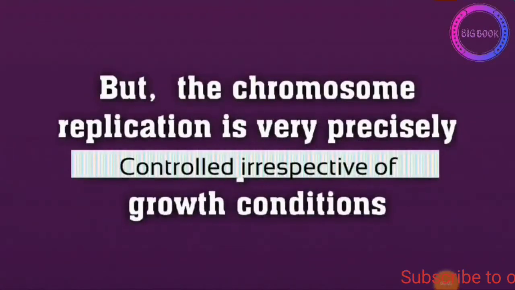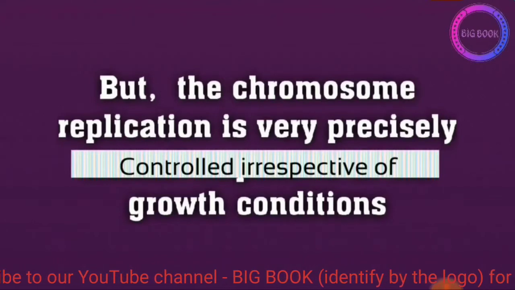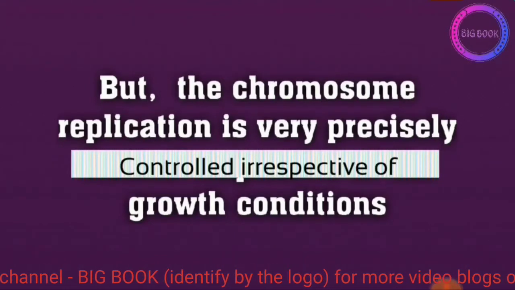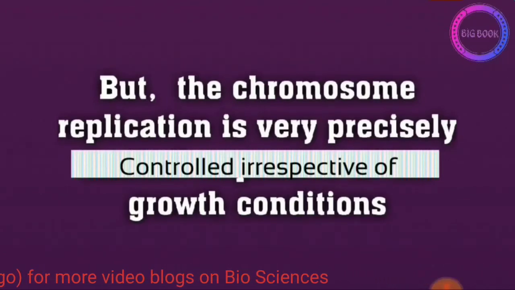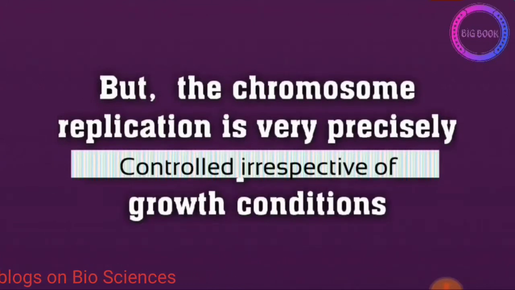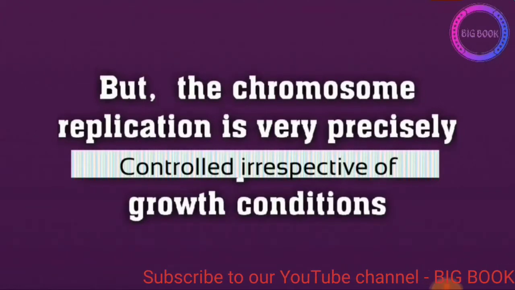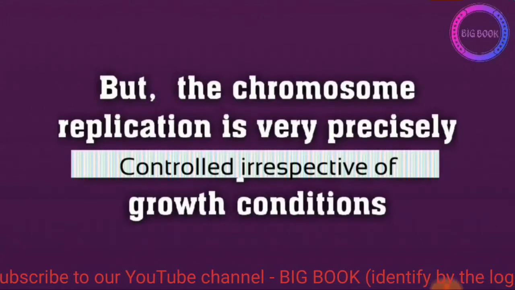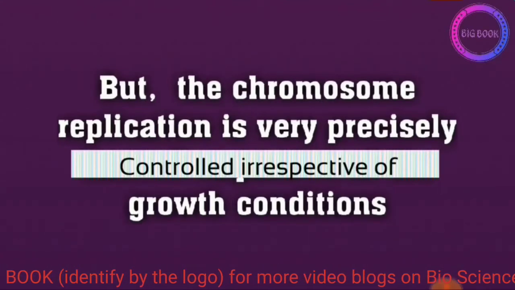But chromosome replication is very precisely controlled irrespective of growth conditions. Let a cell grow to the maximum size it has to reach, or a little less, but at a particular precise time, the replication of the chromosomes, that is the DNA replication, is very precisely controlled irrespective of any growth conditions.